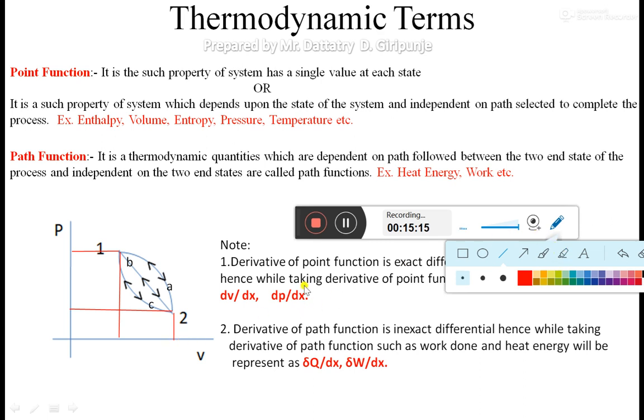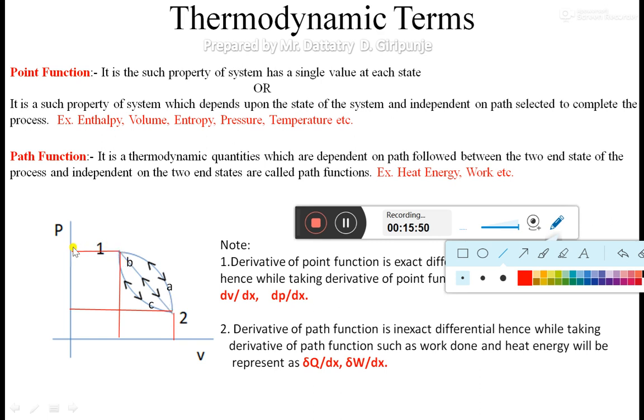In between state 1 and state 2, I can travel by path A, by path B, or by path C. But whenever I travel through path A, B, or C, the values of P1, V1 and P2, V2 do not change. They do not depend on the path, whether you follow the process along path A, path B, or path C. It doesn't matter.